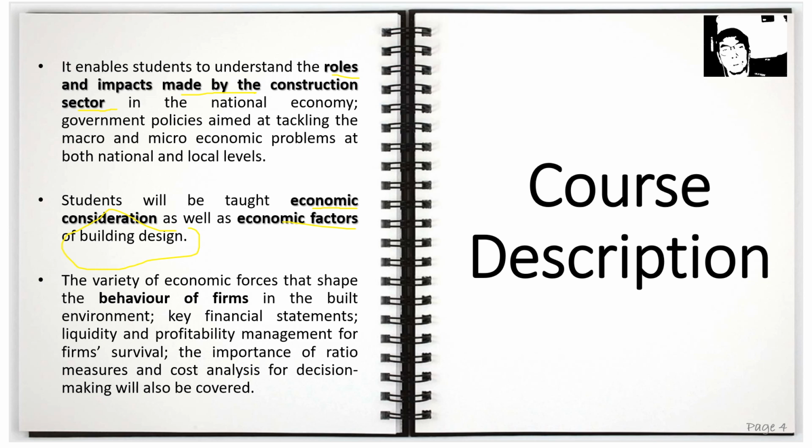The last part of this subject covers the behavior of firms: how we're going to survive, how we're going to expand our business, and how we're going to investigate the stability of the financial capacity of our organization. I can say this subject is 40% theory and 60% calculation, so it's a mix of theory and calculation.